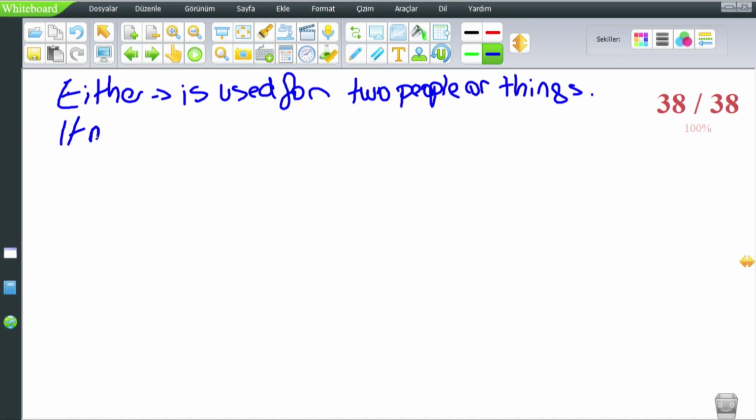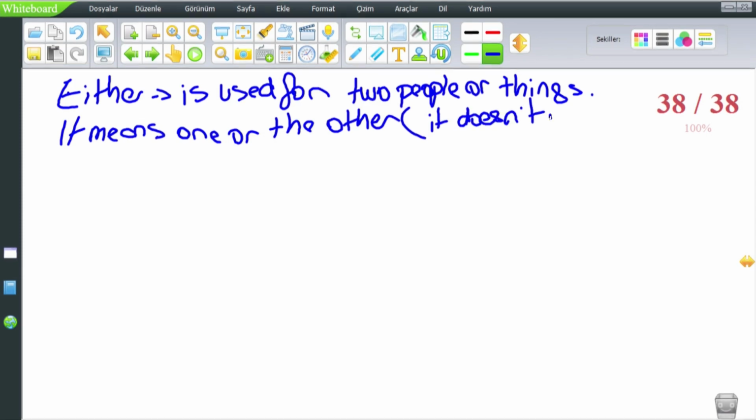It means one or the other, but it doesn't matter which one. For example, I will write a dialogue.